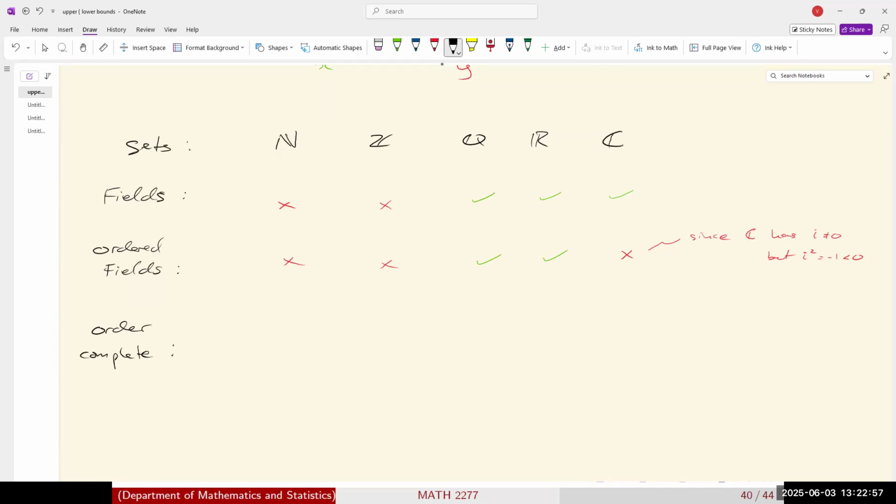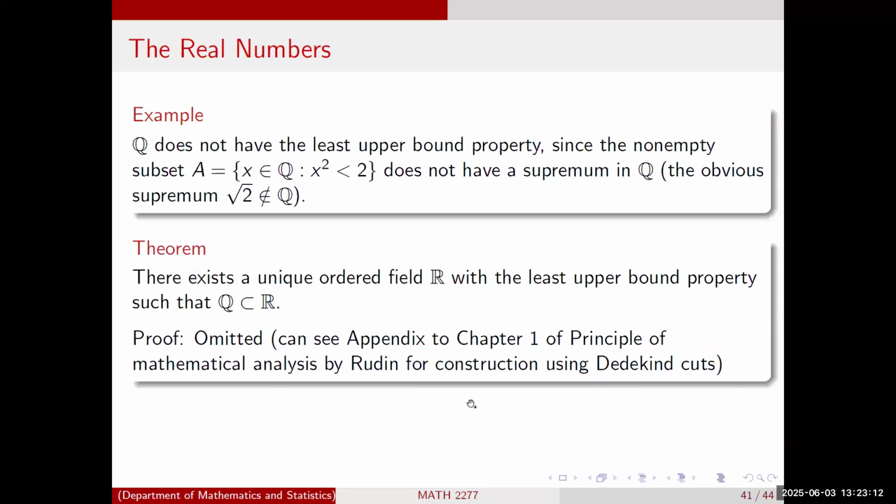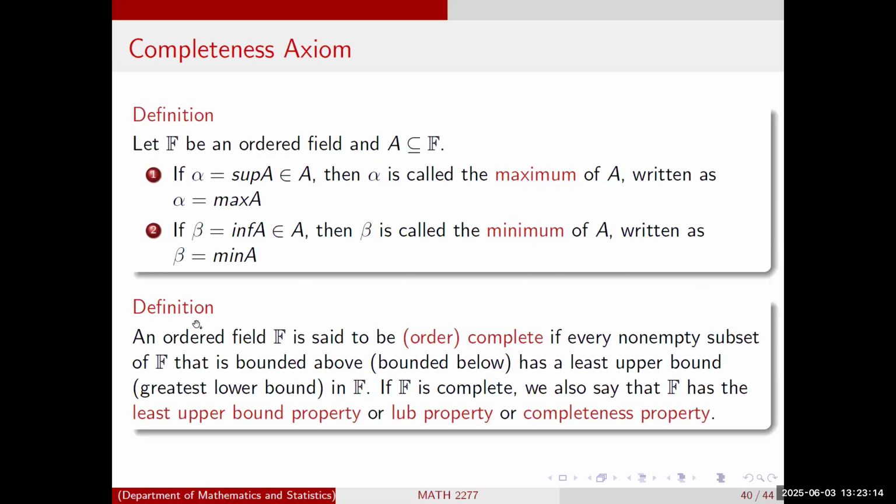Order complete has to do with when you are guaranteed to find the supremum and the infimum. So it's this definition.